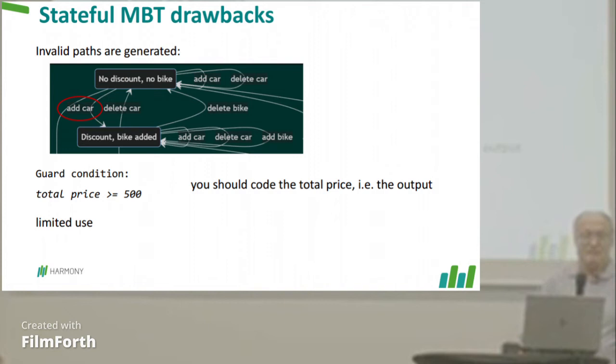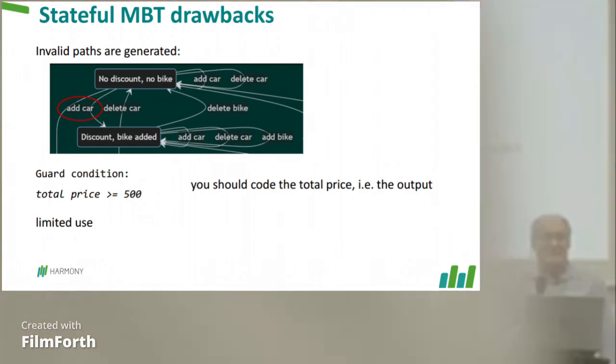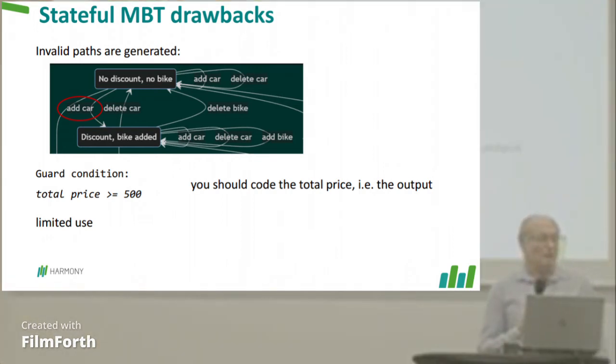Okay, and here is the problem. When you code the guard condition, it's just the output. But we are in the modeling phase and we just want to test the output. Here, instead of modeling the output, we should code the output. So it's not a good thing for this stateful method.